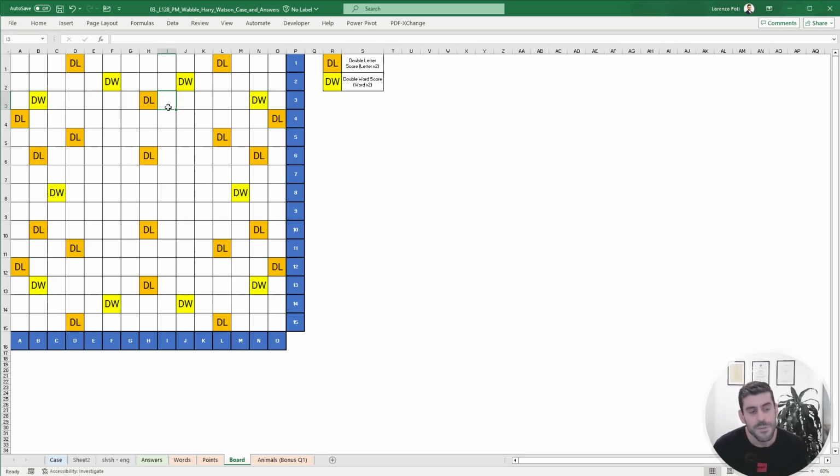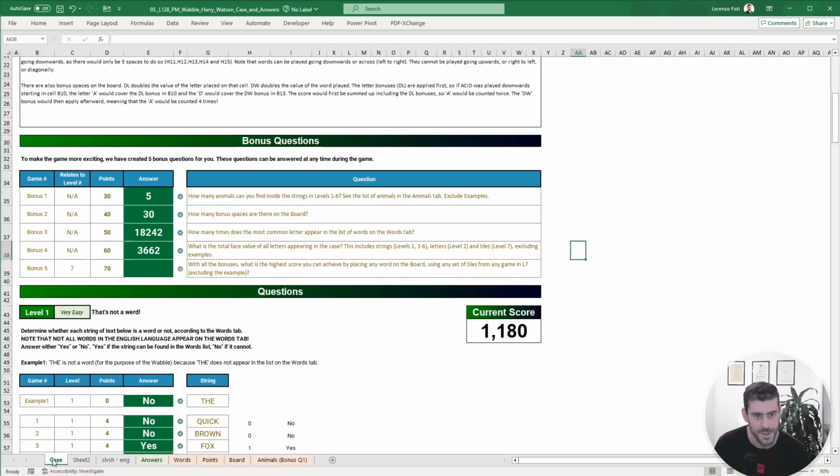The problem might be that if there is a shorter word with letters worth a higher value, but I think it's quite hard to be sure. Any set of tiles from any game in level 7.